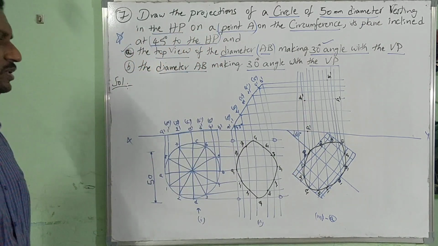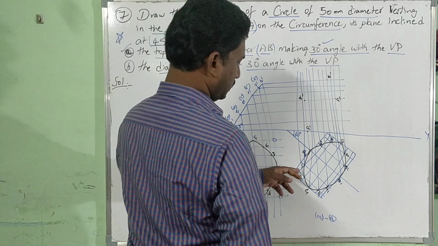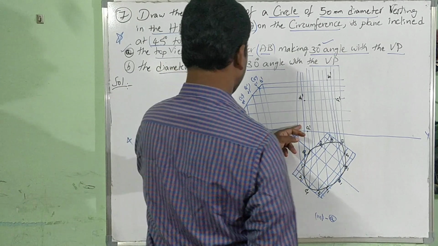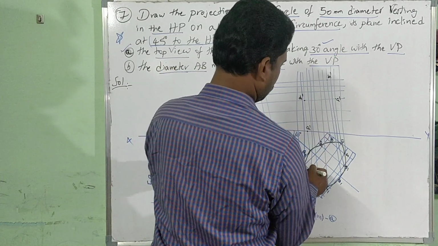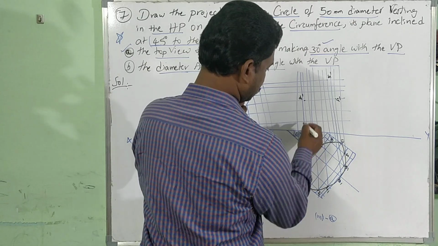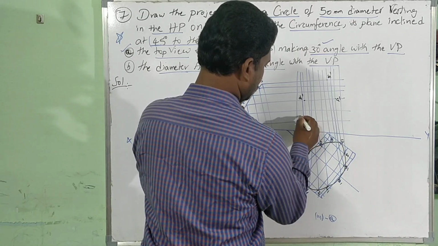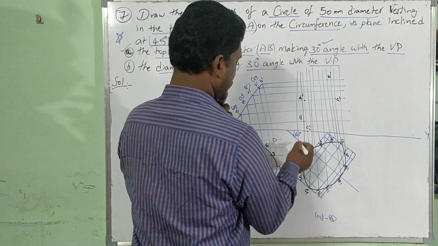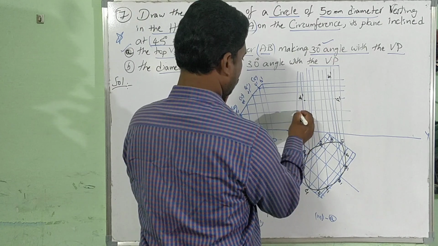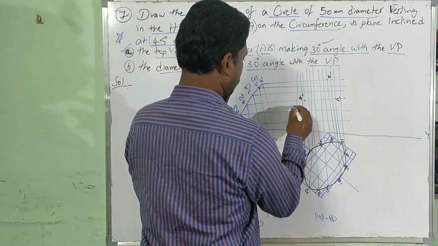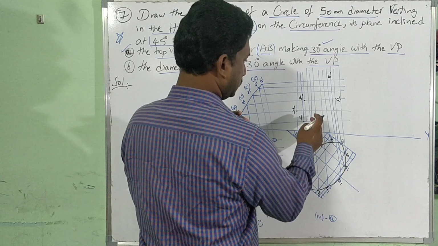Just pick the points. Rest of the things will be as usual. 1 1 dash, 2 1 dash, 3 1 dash.